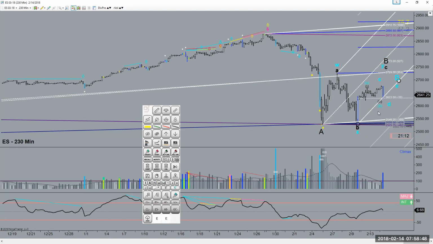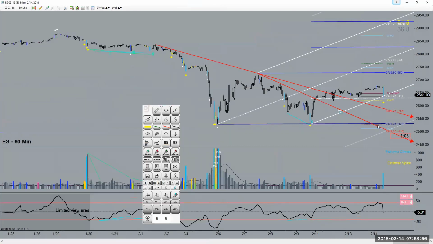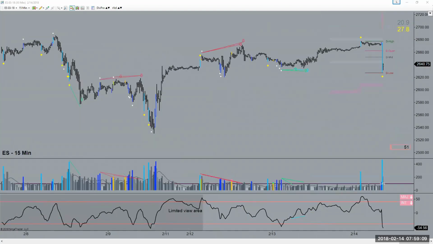But that's the spot right there. It's the only spot, really. See? Midline, and upsloping lower median line, and it broke the prior swing low.